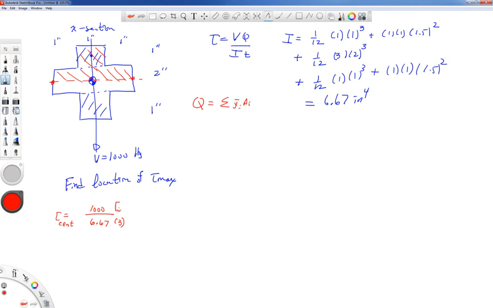So my Q in this case is going to be the area 1 by 1, the distance from the centroid to here, which is 1.5 inches, plus this region right here, the area is 3 by 1, and the distance from the centroid of the overall cross-section to the centroid of that piece that goes to the junction is going to be 1/2 inch.